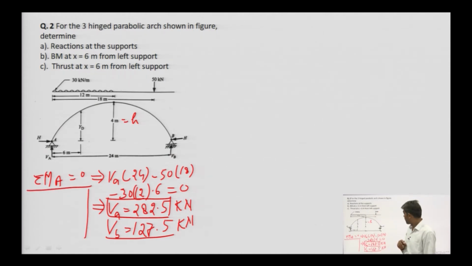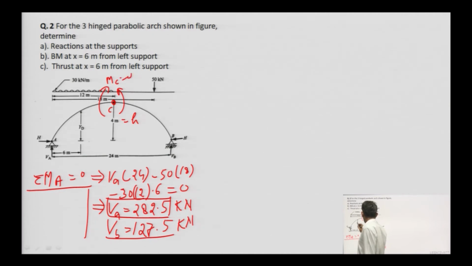H can be calculated by equating the bending moment at the crown equal to 0. You can consider any part, either left or right. Let us consider the right part.